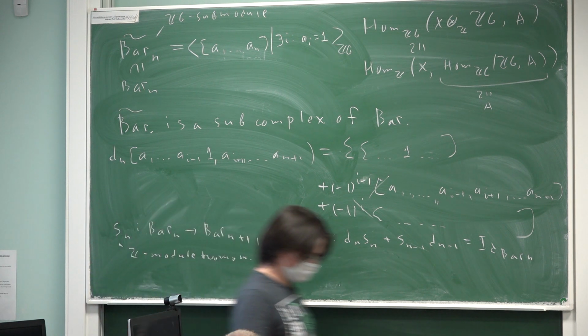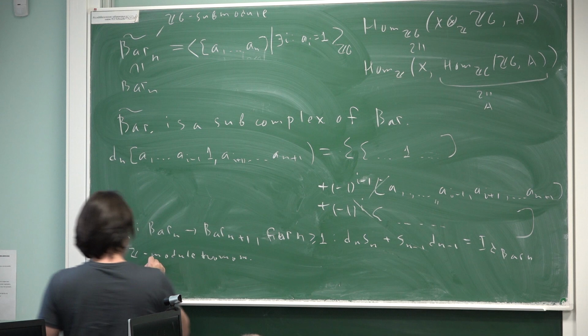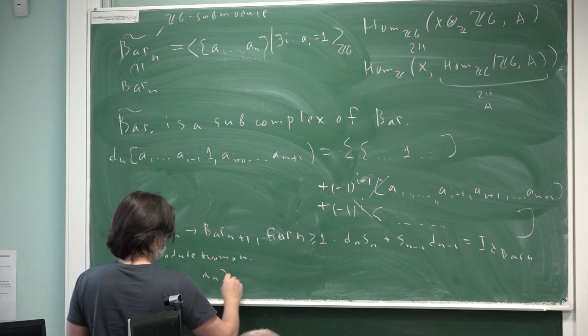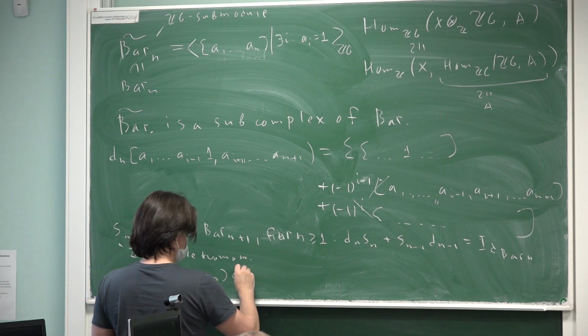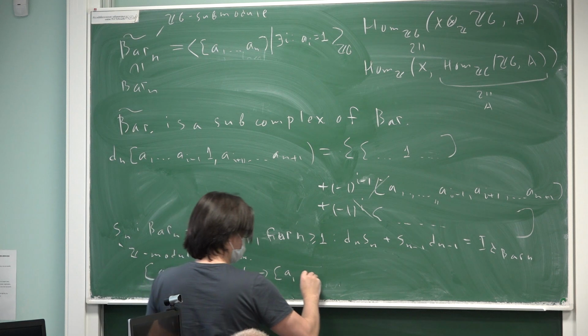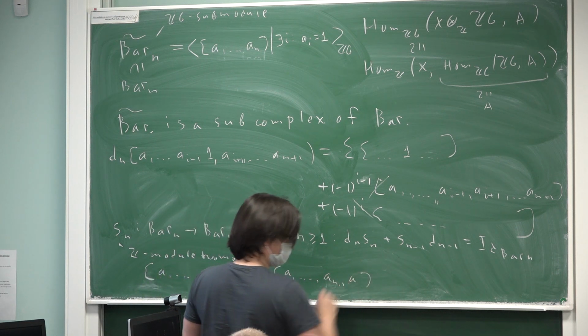And this map Sn simply takes the element a1, and so on, an, a, and sends it to the element a1, and so on, an, a.